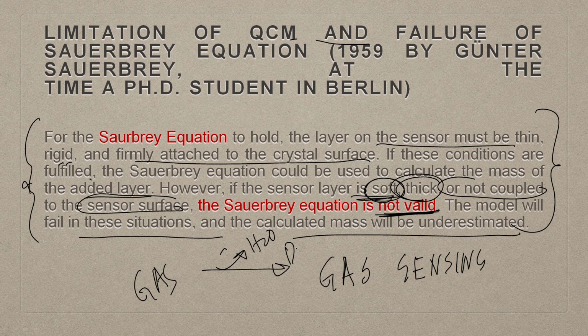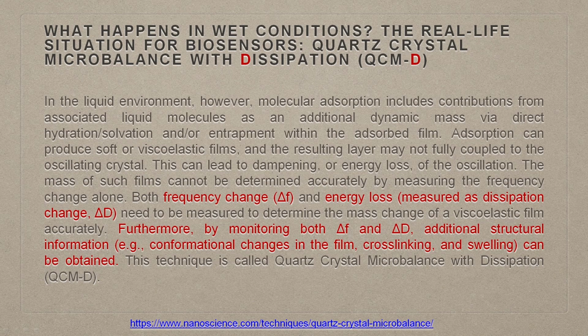So you dry up the gas, put it on the microbalance and measure it. It is a fantastic sensor for that kind of situation, but not for this kind of situation. Okay, so that brings us to the next level.